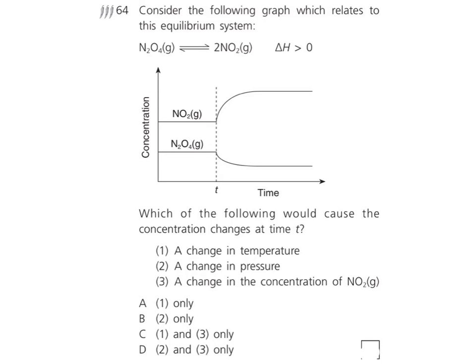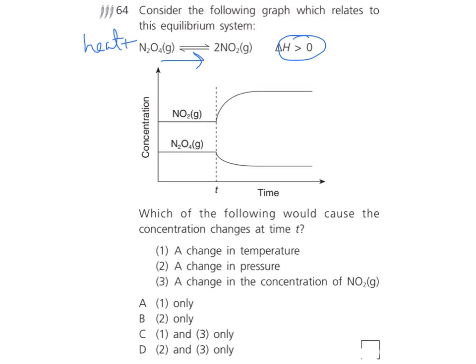We've got the graph showing N2O4 decomposing to NO2, and we can see it's an endothermic process. Which of the following would have caused the concentration change at time t? So at time t, we look and see the NO2 is increasing, the N2O4 is decreasing, the reaction is shifting forwards.